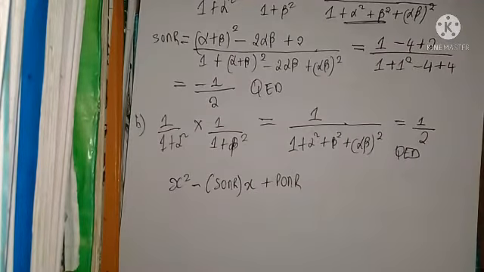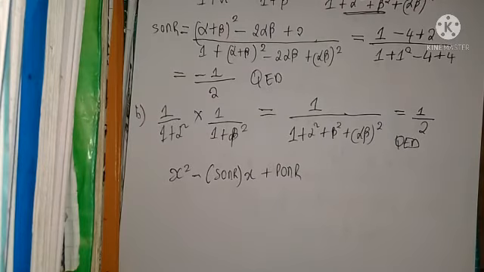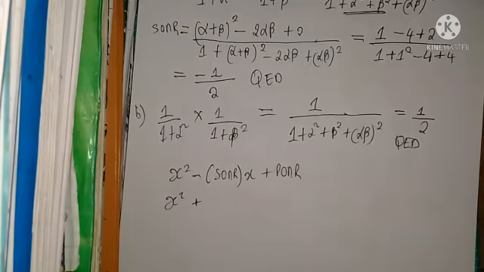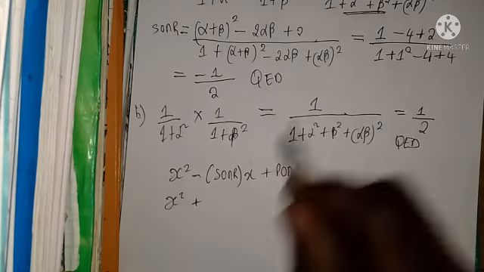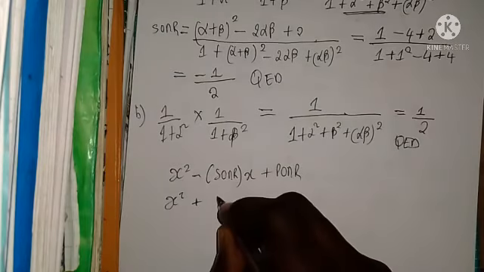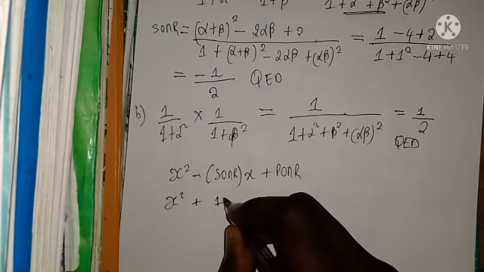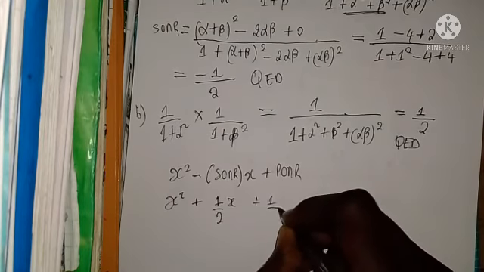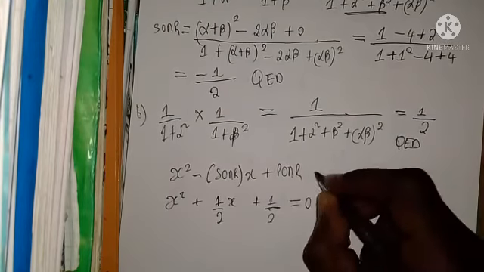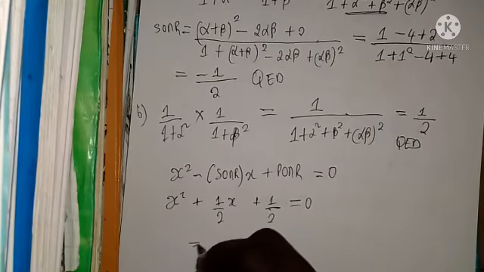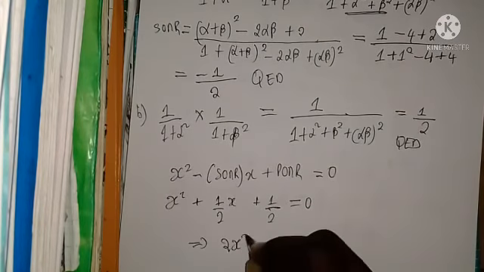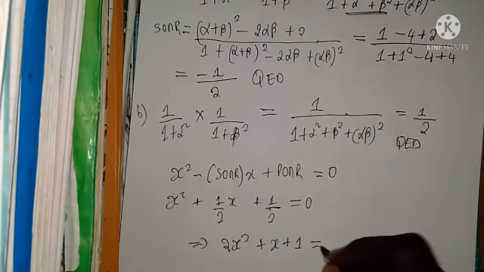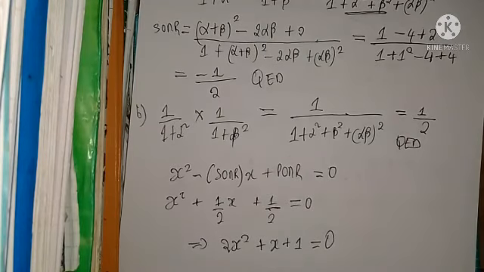So for this equation, we're going to have x squared plus, because negative times negative will give you plus, half x, plus half equal to 0. This implies that the equation is 2x squared plus x plus 1 is equal to 0.